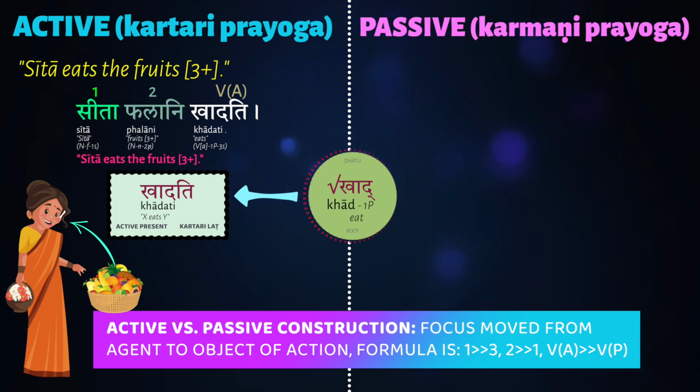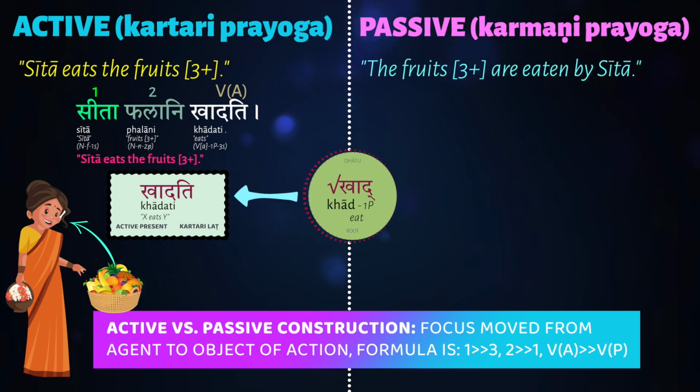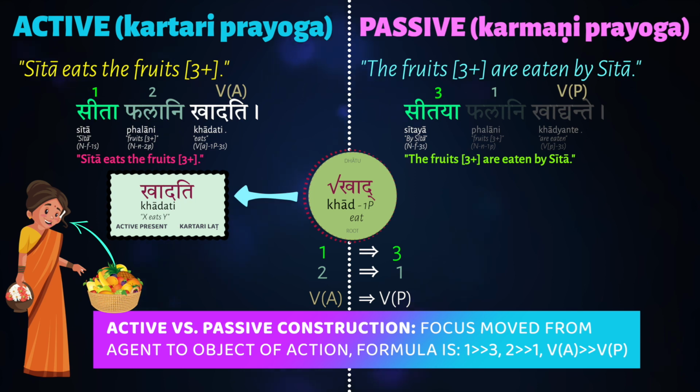In our last segments, we talked about how to turn this into a passive construction, the karmani prayoga. In English, it'll be expressed by saying 3 or more fruits are being eaten by Sita. Our formula is going to be 1 goes to 3, 2 goes to 1, VA goes to VP, meaning whatever's in the first case, you turn it into the third case, Sitaya. Whatever's in the second case, turn it into first case, Phalani.